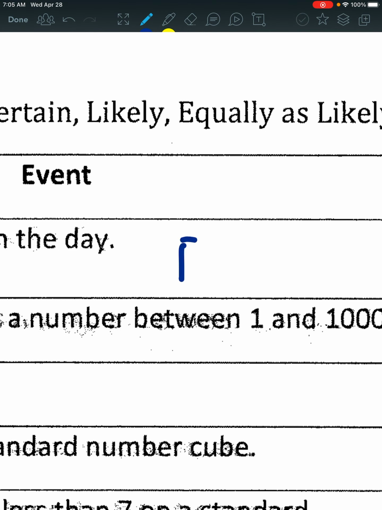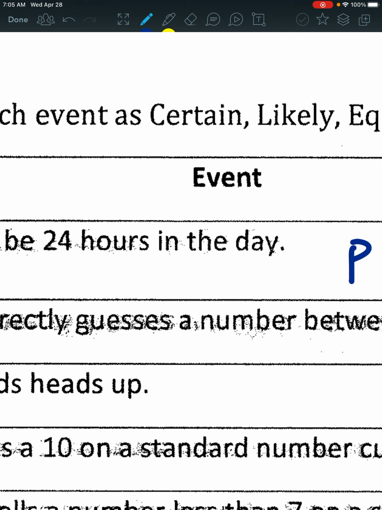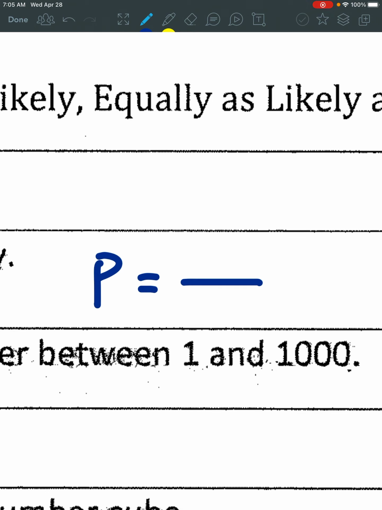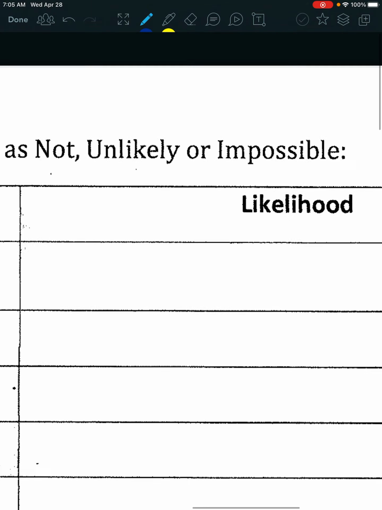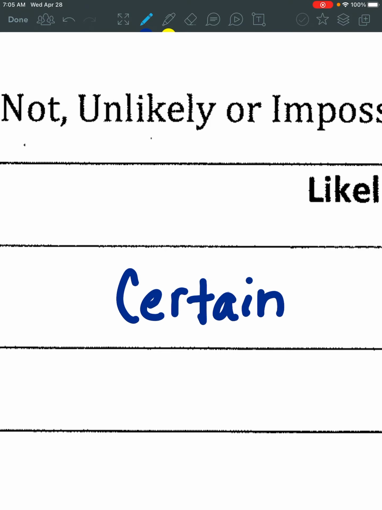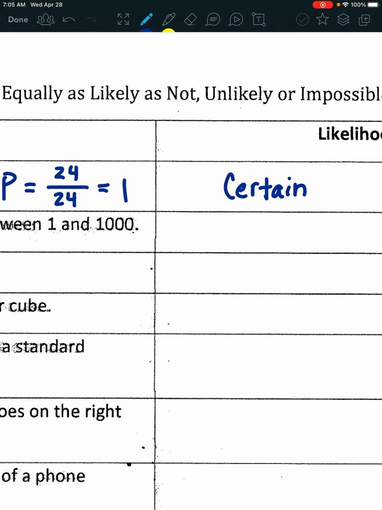So if we think of the probability of this, well, how many of these 24 hours, we're looking for favorable, so how many 24 hours in the day are 24? Well, that's all of them. Out of a total of how many hours? 24. Well, 24 over 24 is 1. This is 100% chance of happening. There is every single day going to be 24 hours in the day, so that's a certain event.